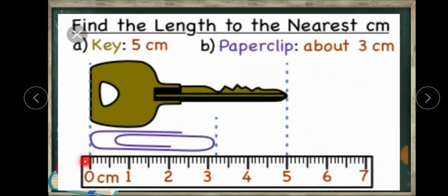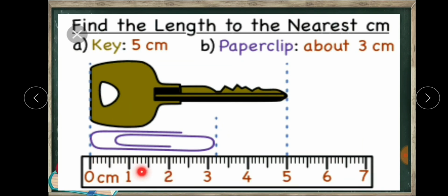The beginning starts from 0, and we have to start the measure from 0. It ends at the point 5. See how many centimeters are there in between. 1, 2, 3, 4, 5. So we can say the key is 5 centimeter long.